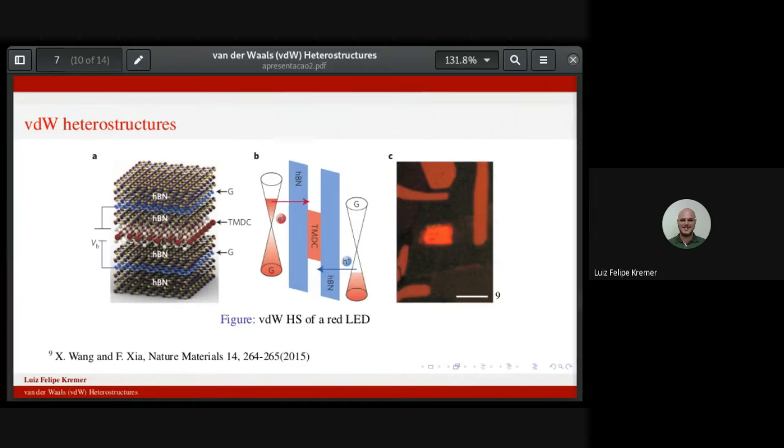Here, as an example, we have a graphene layer between two hexagonal boron nitride layers, and between them we have a molybdenum disulfide layer. This is a red light emitting diode obtained using van der Waals heterostructures.